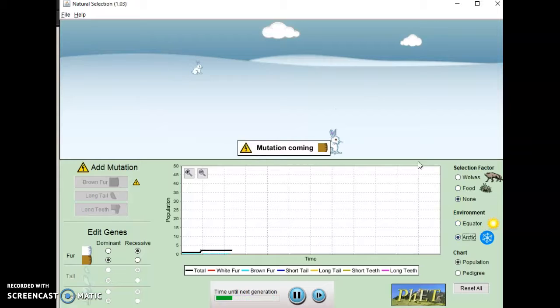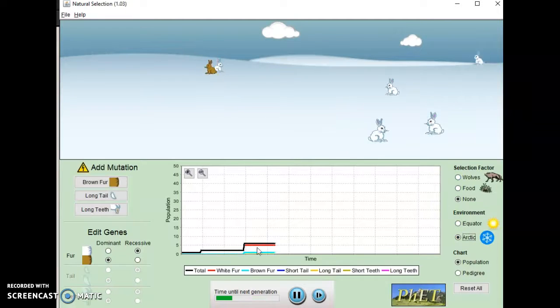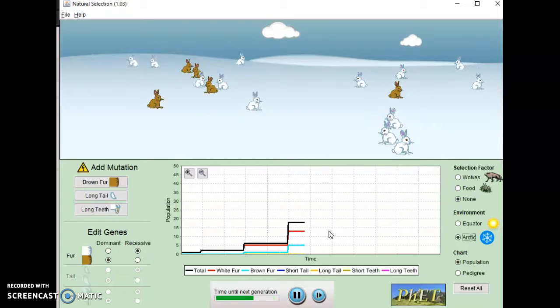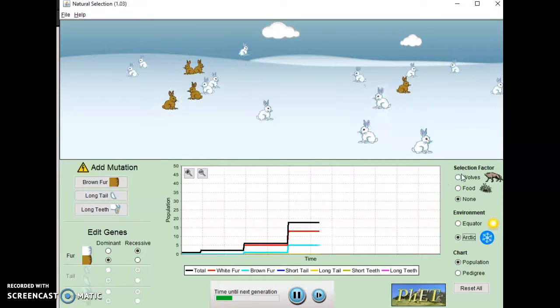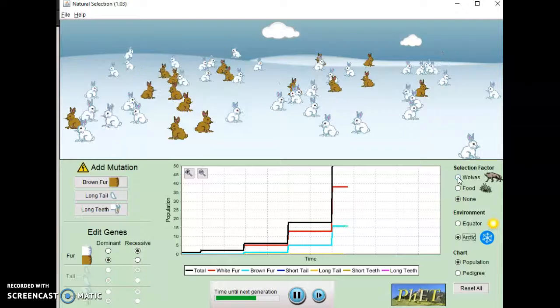Okay, now I selected the Arctic environment. Have you noticed the environment change? We're going to let the generations multiply. Let time pass before we add our predator factor. Okay, so here we go.